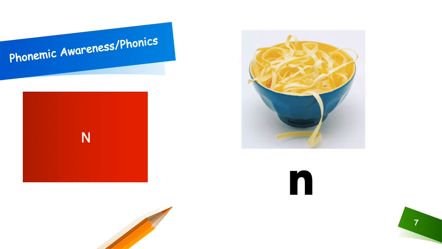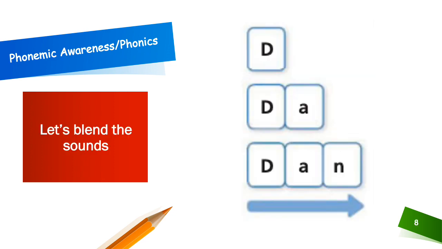Let's work on one more sound. Our third letter is N. N makes the sound n. Here is a picture of noodles. N, noodles, n. Say it with me. N, noodles, n. Nice job. Now let's look at some sounds and let's blend them together.